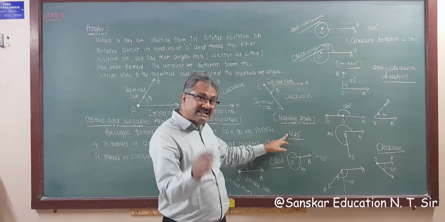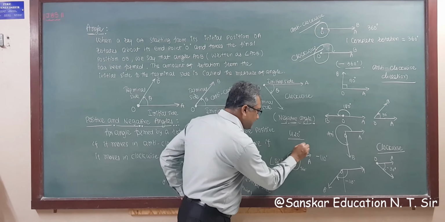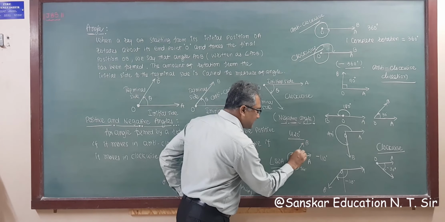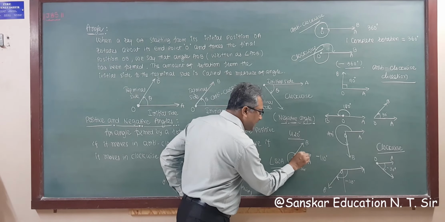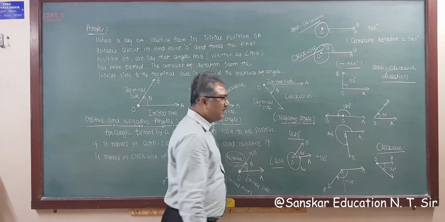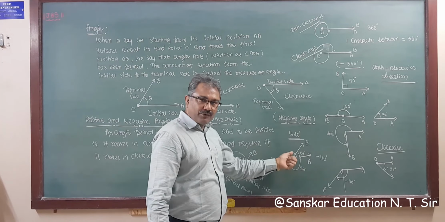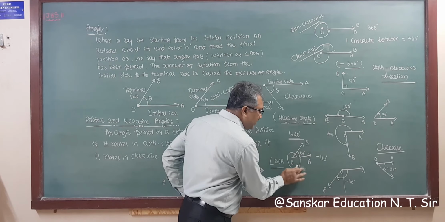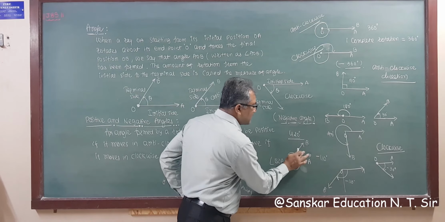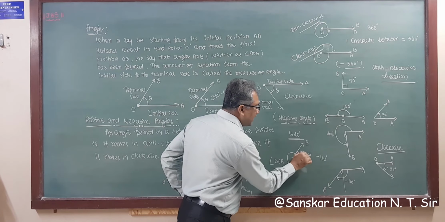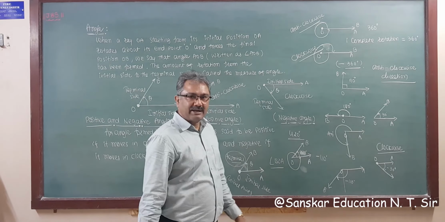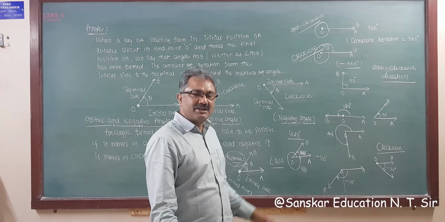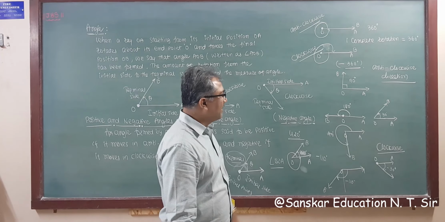Then 360 plus 60. So this is OB, right? This is again 60. So this angle now is called 420 degree. So if you draw angle 420 degree, you can draw like this, 360 plus 60. So after one complete rotation and adding 60, 360 plus 60 is 420 degree.